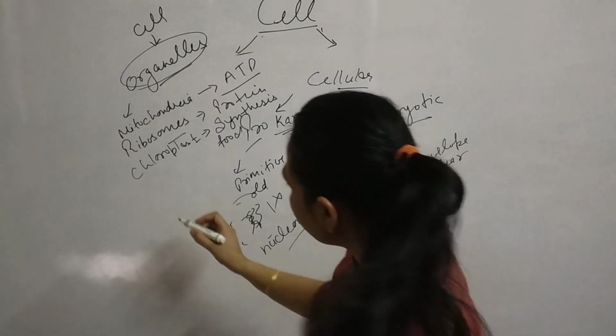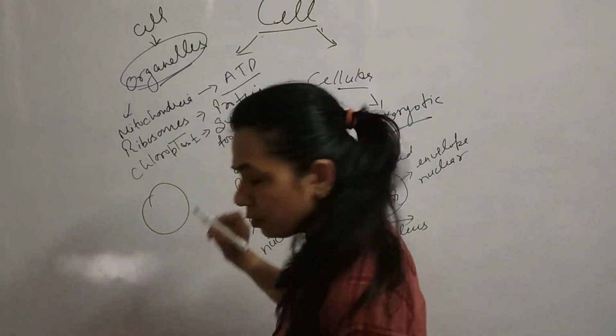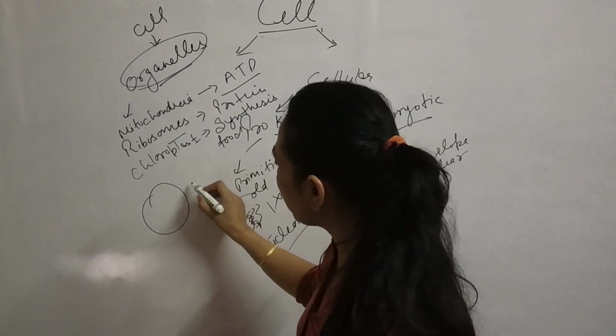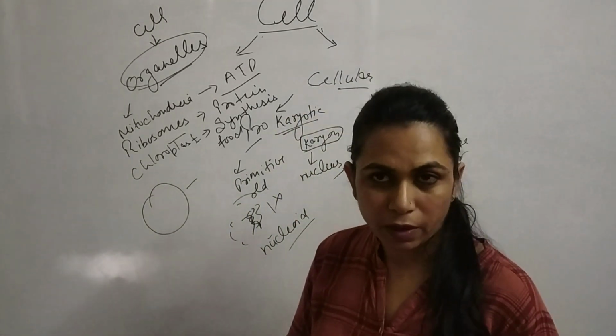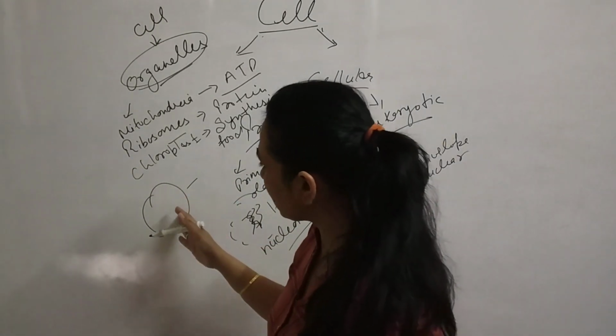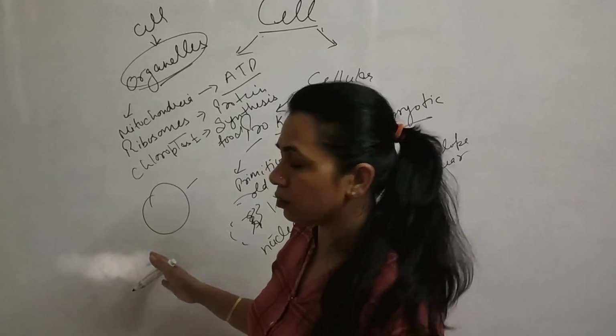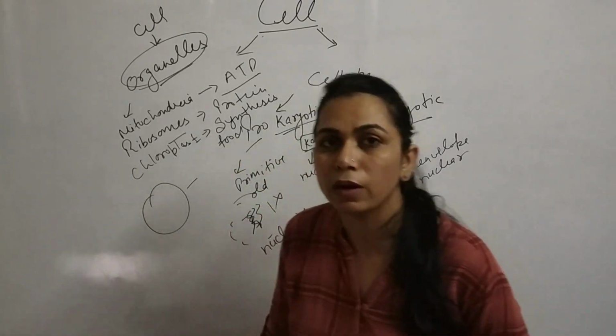Some of these organelles have an outer covering, but some organelles do not have this outer covering. The organelles which have this covering, we call membrane bound organelles.